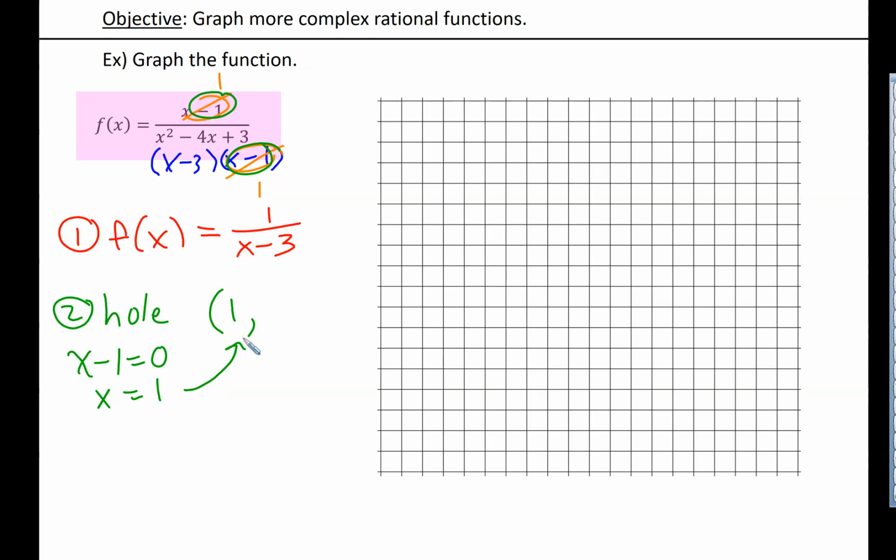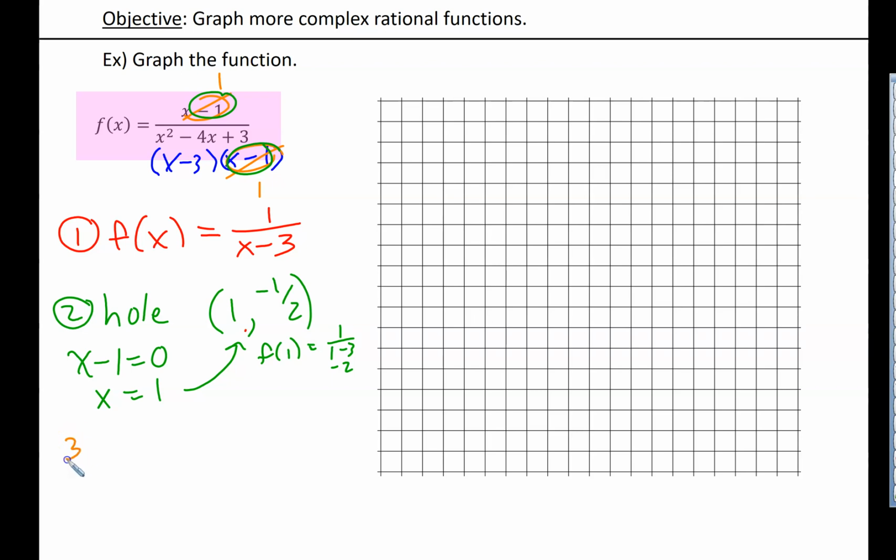To find the y coordinate of this hole, what we need to do is take our 1 and evaluate our reduced function right here. So that's going to give us that f of 1 is 1 over 1 minus 3, and that's a negative 2, so that's a negative 1/2. There's the hole. It's going to be a point of discontinuity, an open circle at that location.